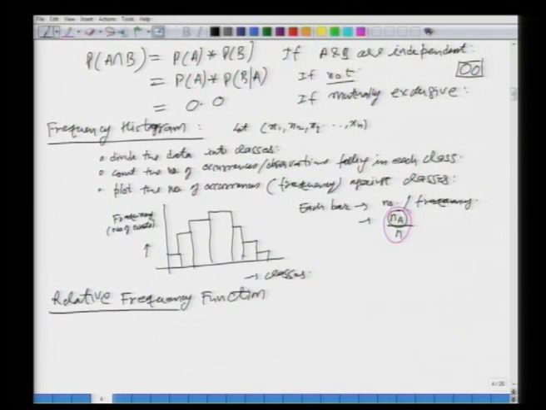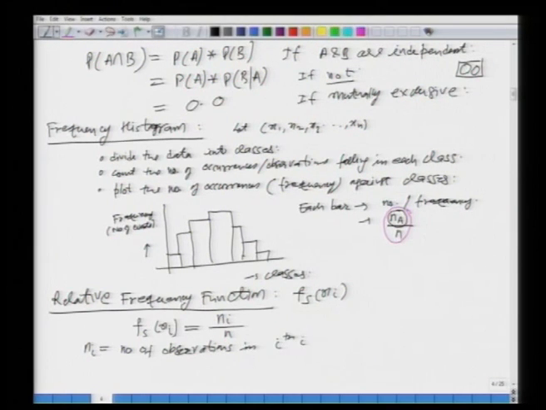This is f_s of your x_i, where f_s of x_i is defined as n_i over n, as I said earlier already, where n_i is the number of observations in the ith interval or ith class.